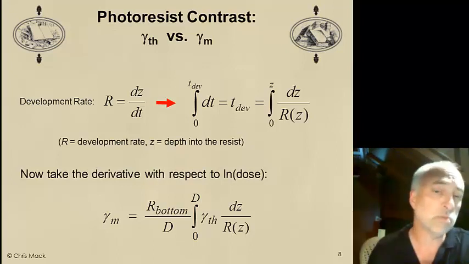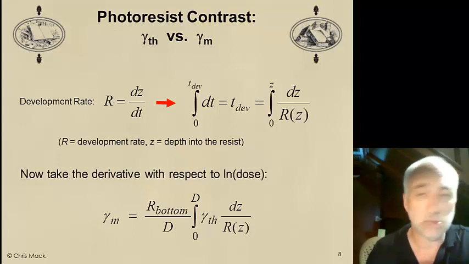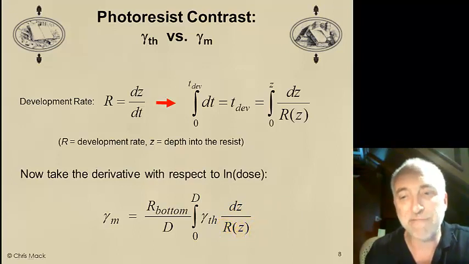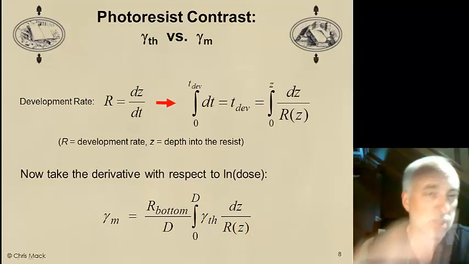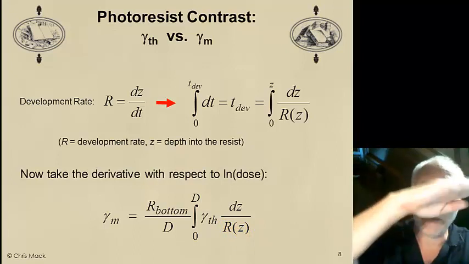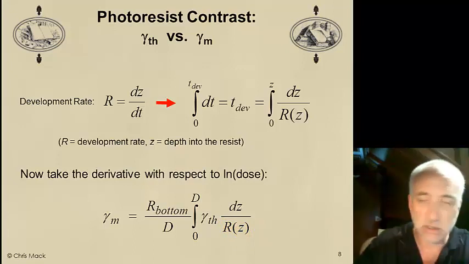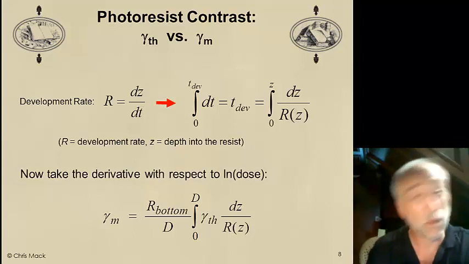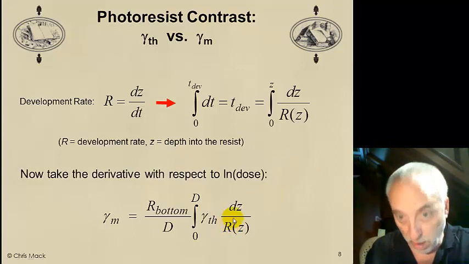between these two parameters. Suppose I made the simplifying assumption that the development rate r did not vary with depth through the resist. That is, from the top of the resist to the bottom of the resist, development rate was completely constant. What would that mean? That means this r is a constant, and I pull it out of the equation.